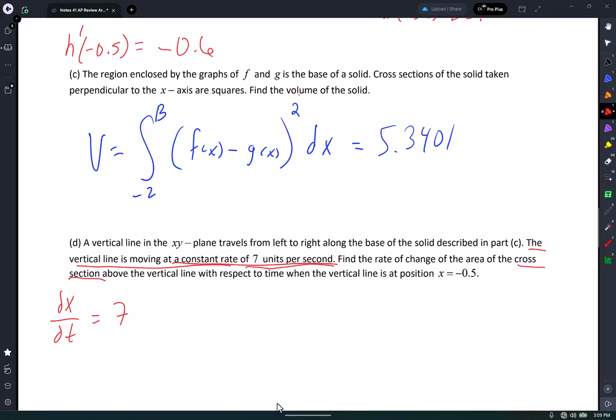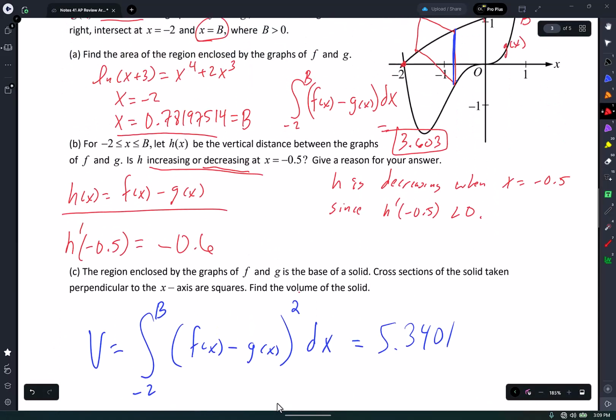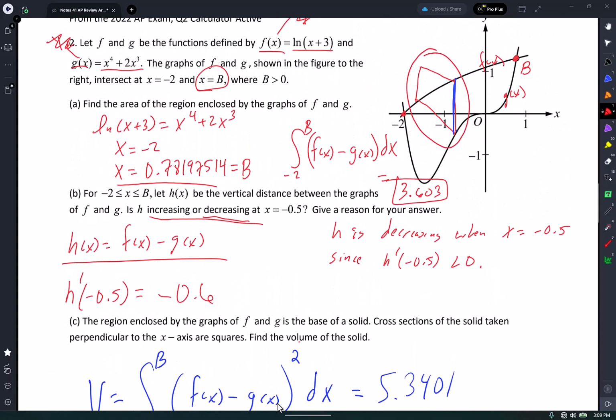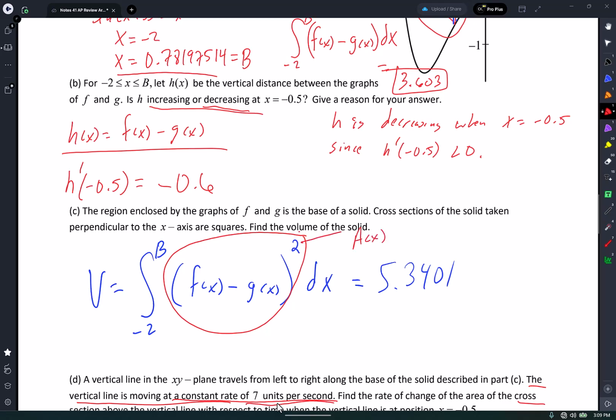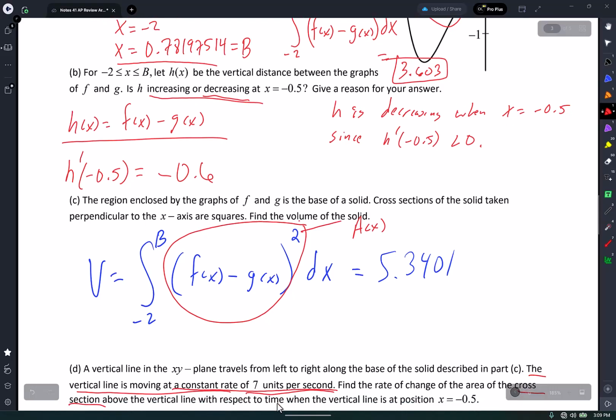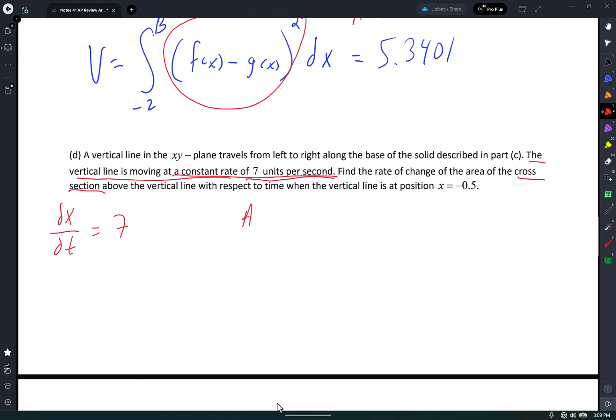So this is my cross section. What is the model for that cross section? This guy right here. Wasn't that my A of X? That was your A of X, right? Do you guys know what I'm trying to get to? Yes, that's exact. My A of X was F of X minus G of X. That was my area.